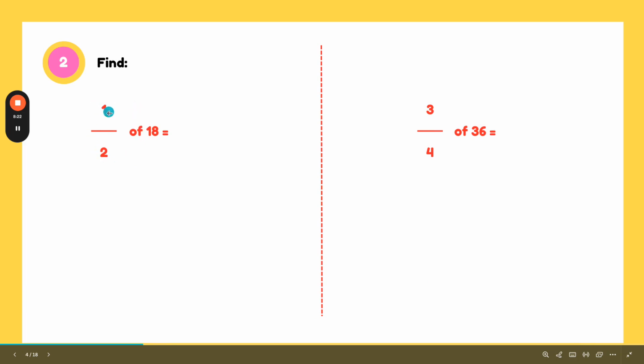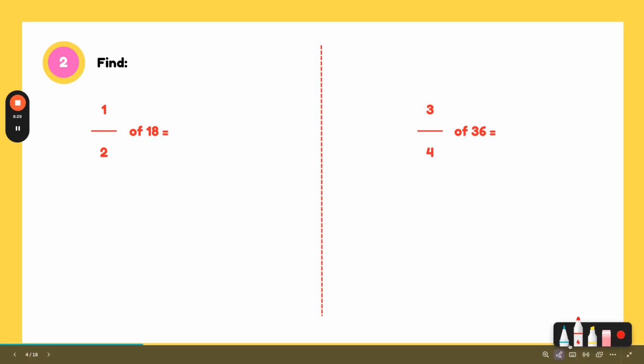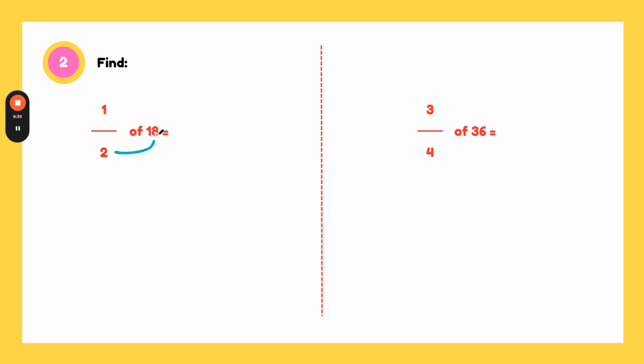if we want to find a fraction of a whole amount, the steps we need to do are, we first need to divide the whole amount by the denominator, and from there we then multiply that answer by the numerator.